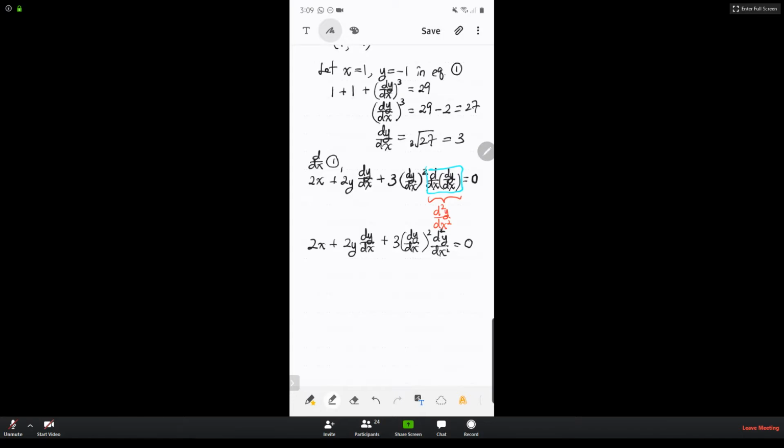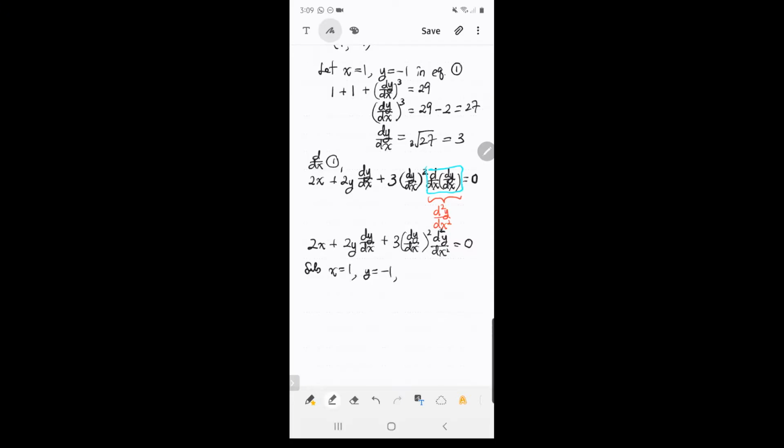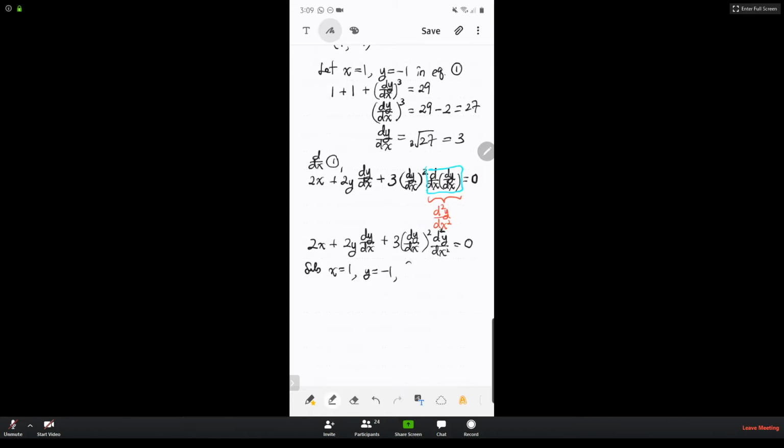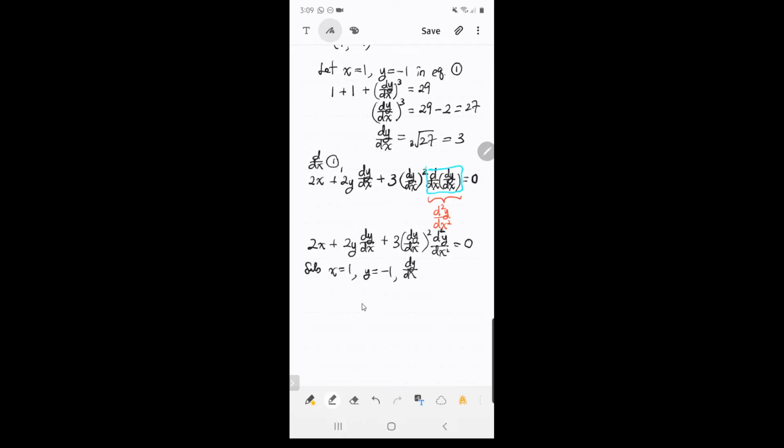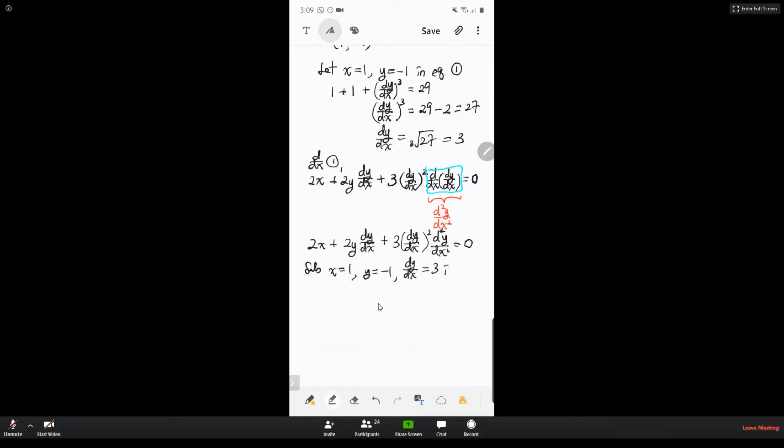Now you substitute the values. You sub x equals 1, y equals -1, and dy/dx equals 3 into equation 2. Let's call this equation 2.